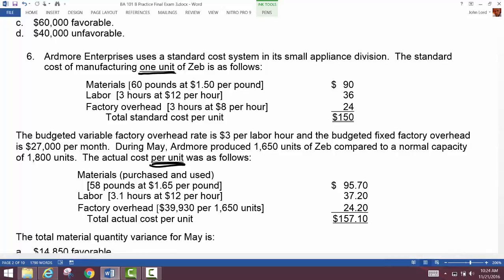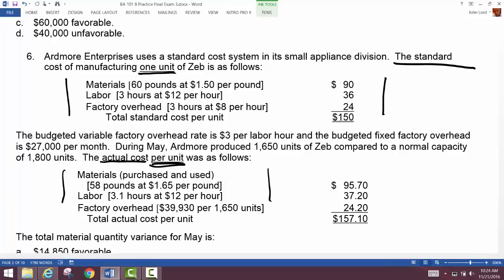They give me the standard up here, and down here they give me the actual. So even though this looks complicated, this is almost a table version of what we've done in the past, where they're just giving me the numbers.